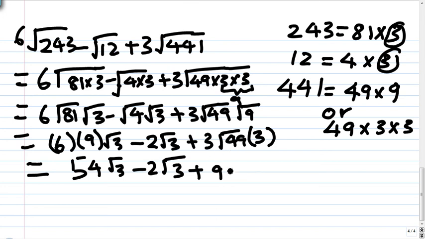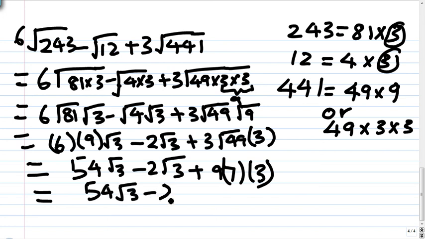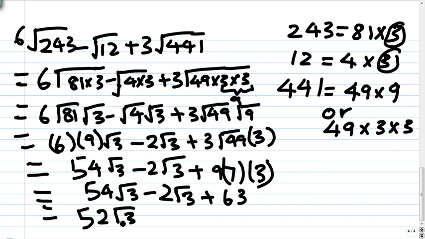So 9 times 7 times 3. There you go. Can you see it's actually looking simpler? 54 square root 3 minus 2 root 3 plus 63. And then you get 54 minus 2 is 52 root 3 plus 63. That's your answer.